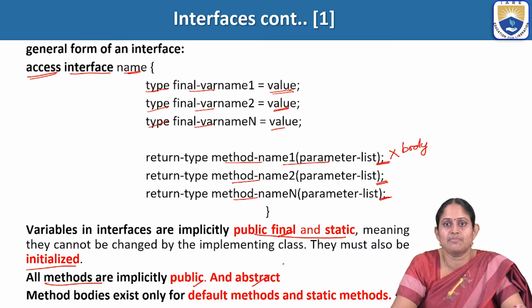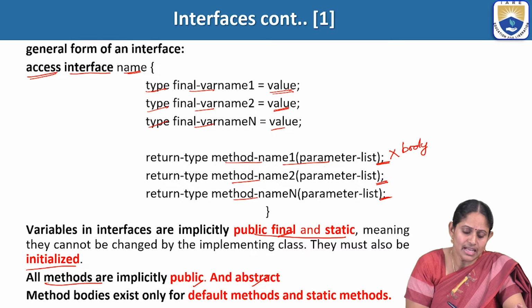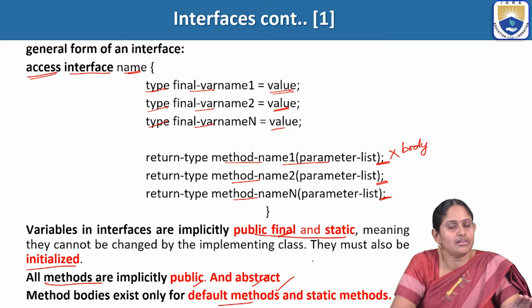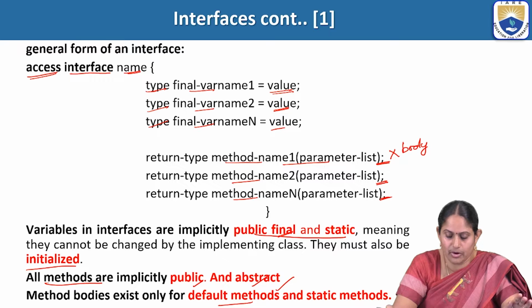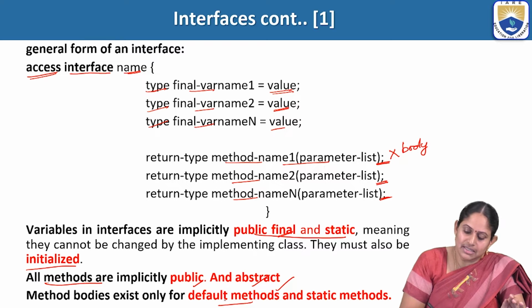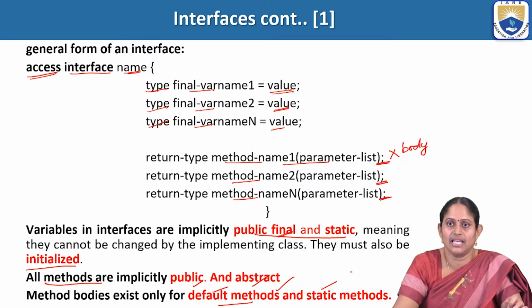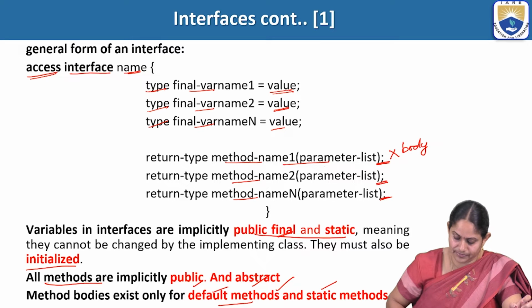The regular interface methods generally don't contain a body, but the methods which are default and static in nature may have a body. We will see the importance of default methods at a later point.